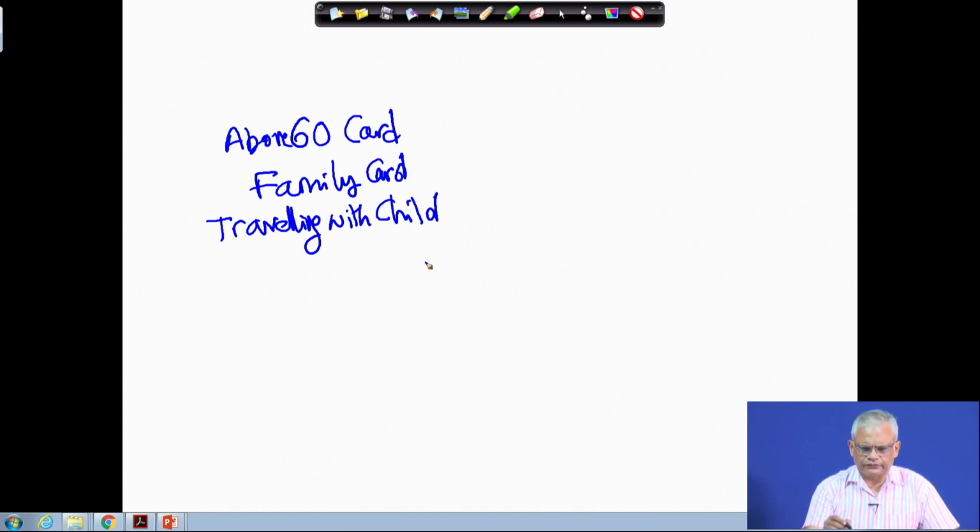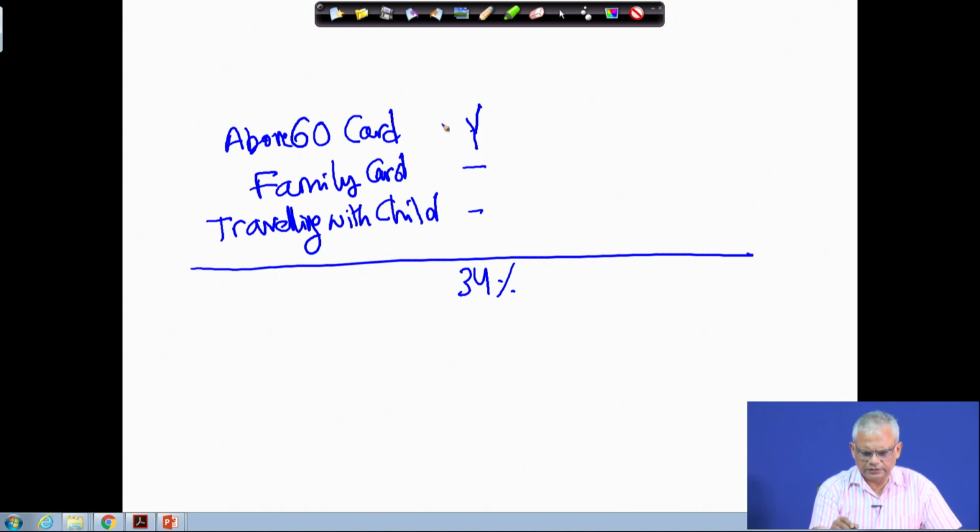Okay. So, now for each of these combinations we need to check. If it is an above 60 card, then these two do not matter, and since you can hold only one type of card, that is a constraint here. And you get a 34% discount. So, this is the condition, and this is the discount.